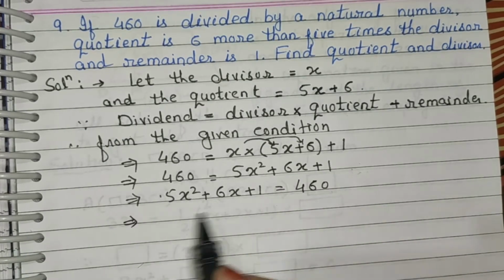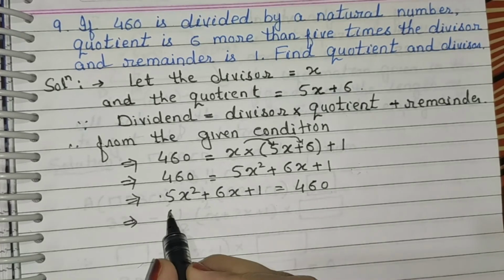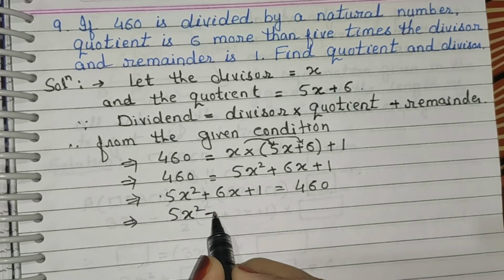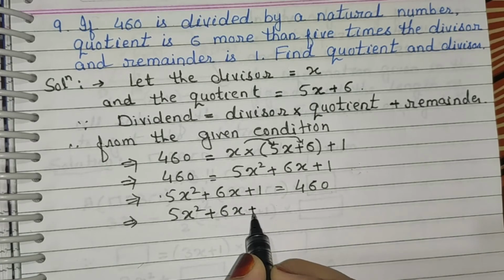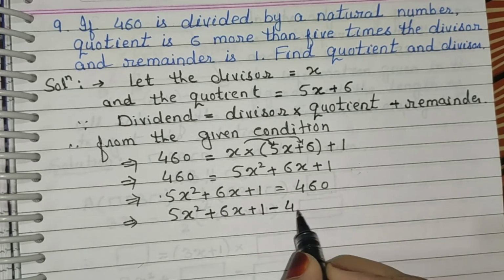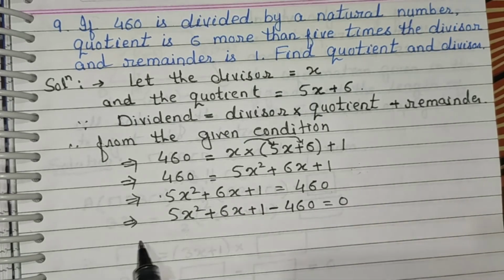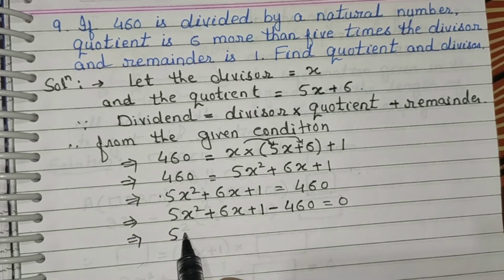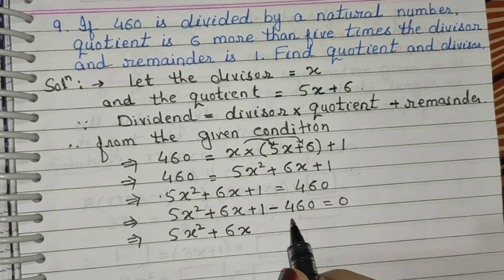Now shifting 460 to the left hand side, we get 5x square plus 6x plus 1 minus 460 is equal to 0. Now 1 minus 460 we get minus 459 is equal to 0.